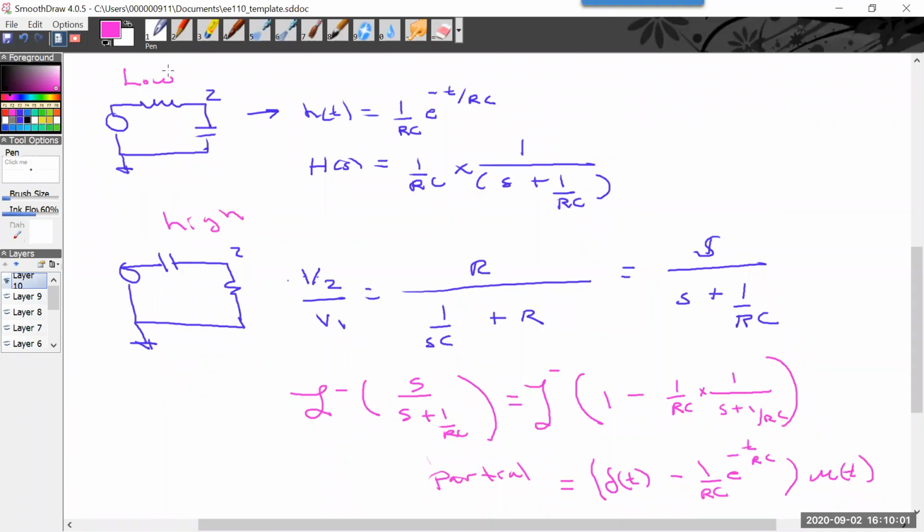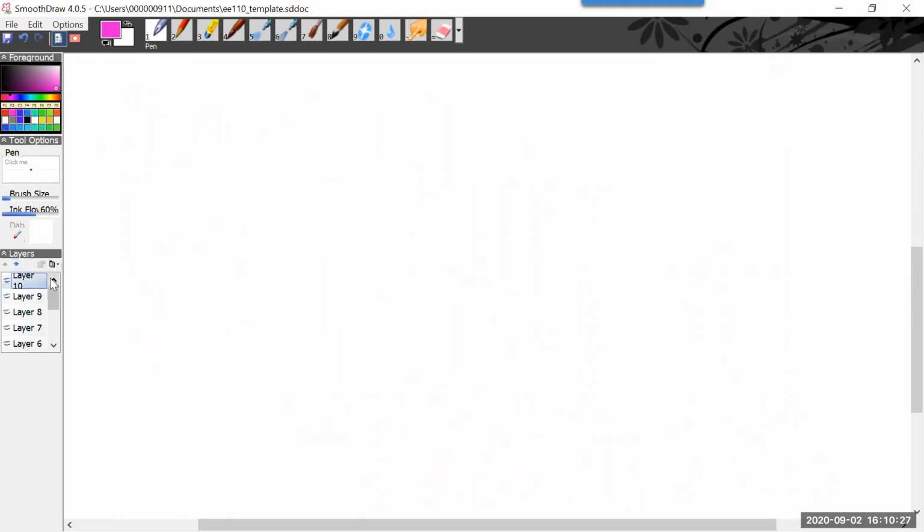Okay. If I want to find the step response of that, sure, I could convolve a step function with this and find it, but it really is a lot easier to do it in the Laplace domain.